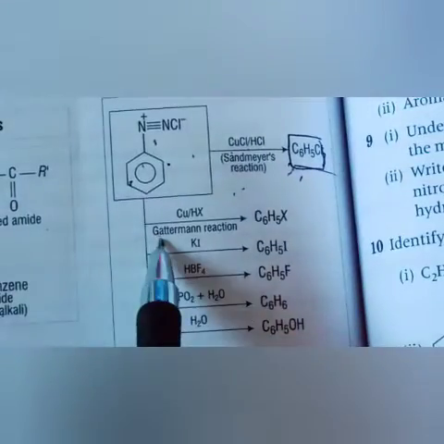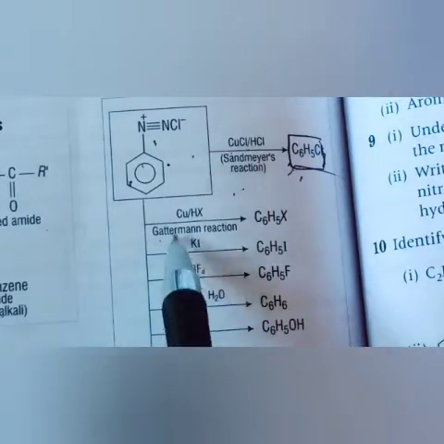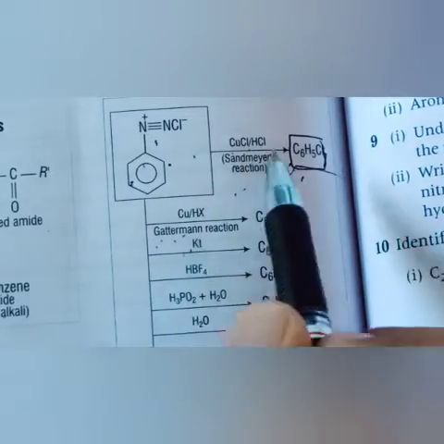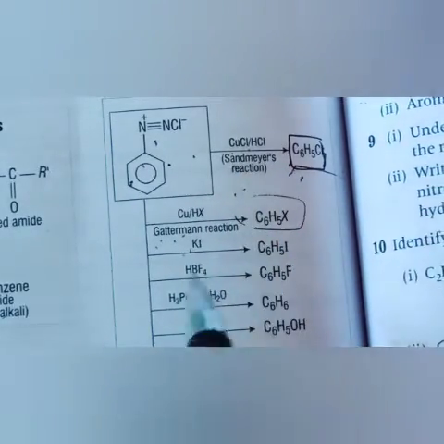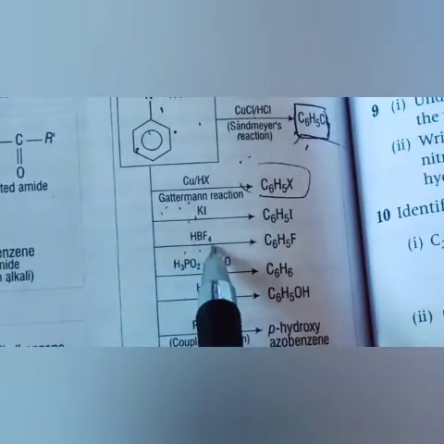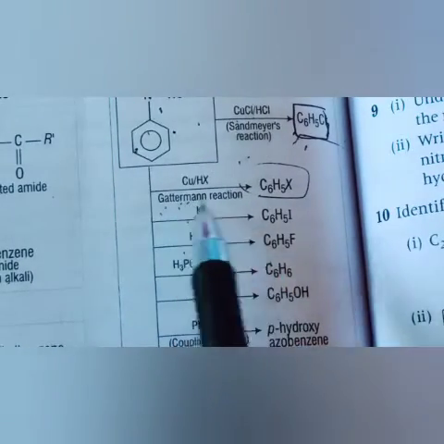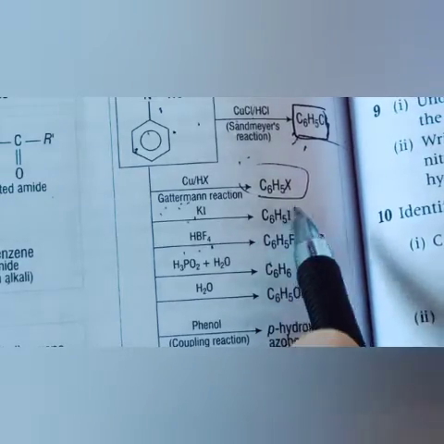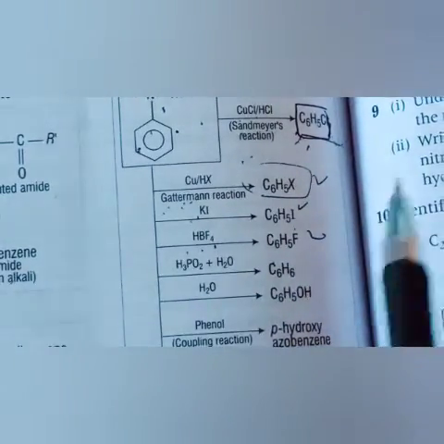It can also be prepared by the Gattermann reaction, by replacing the catalyst with copper. You already did this in haloalkane and haloarene. Then by HBF4 it will also produce haloarene, by KI it will produce haloarene. In every case it is preparing haloarene.